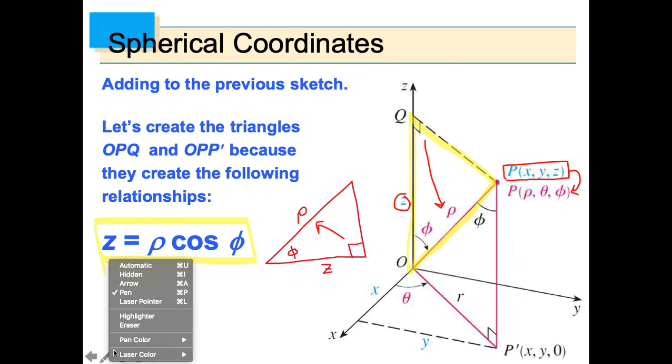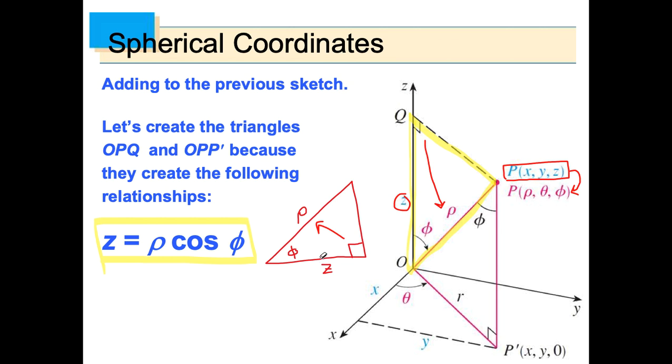So having said that, I think it's pretty easy to see that this relationship is true because obviously since z is the adjacent side and rho is the hypotenuse, the relationship here is cosine of phi is going to equal adjacent, which is z, over hypotenuse, which is rho.